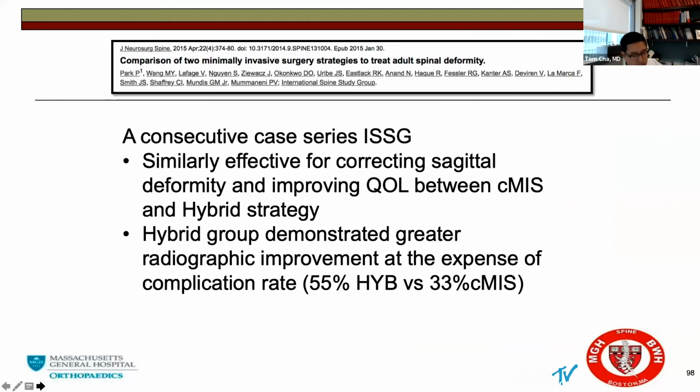Additional data suggests that when attempting to correct more severe sagittal deformity, the hybrid type surgery, where you use MIS plus an open posterior, is going to get better radiographic improvement, but that could be at the expense of a higher complication rate.